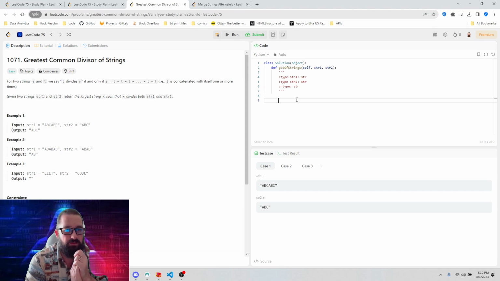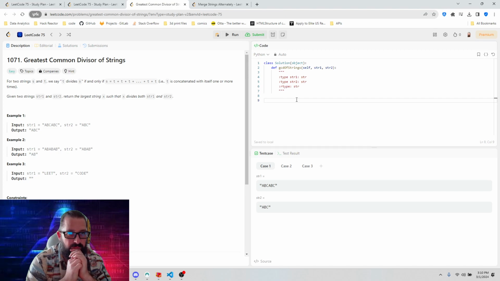I could take the smaller string of the two and just see if it divides both. Yeah, so with ABC it works, and then with ABAB it doesn't, so I want to start dropping letters from ABAB until I run out of letters.